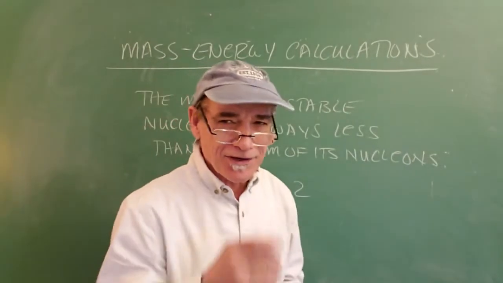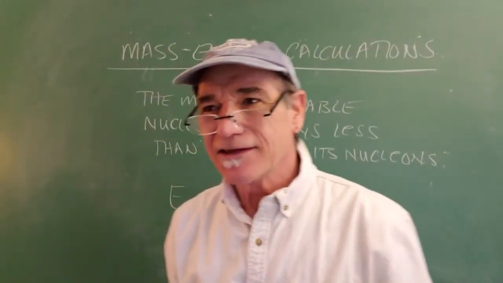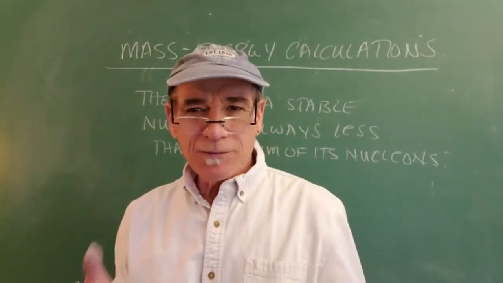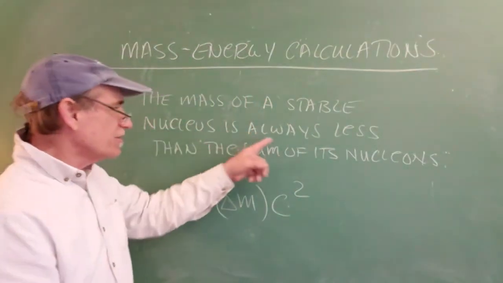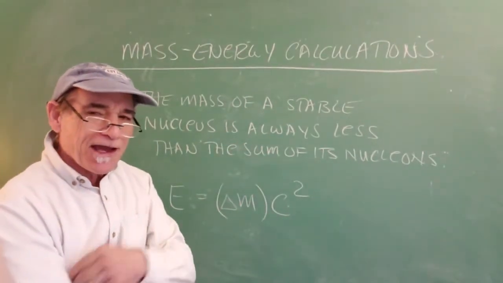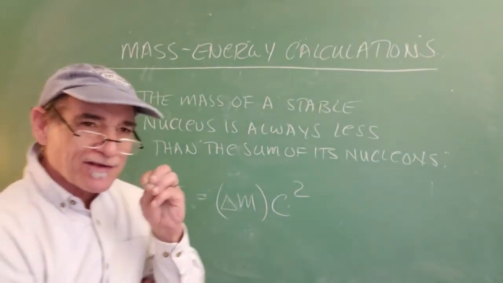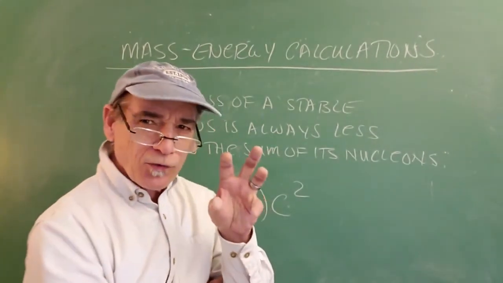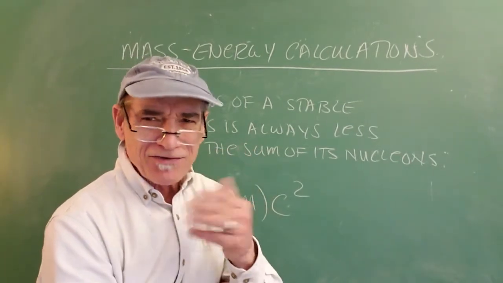Okay, this topic on binding energy. As I mentioned, this is what I started with, this statement: the mass of a stable nucleus is always less than the sum of its parts, its nucleons. And that missing mass, that mass defect, represents the energy that's holding the nucleus together. Now you're thinking, well, missing mass and energy?